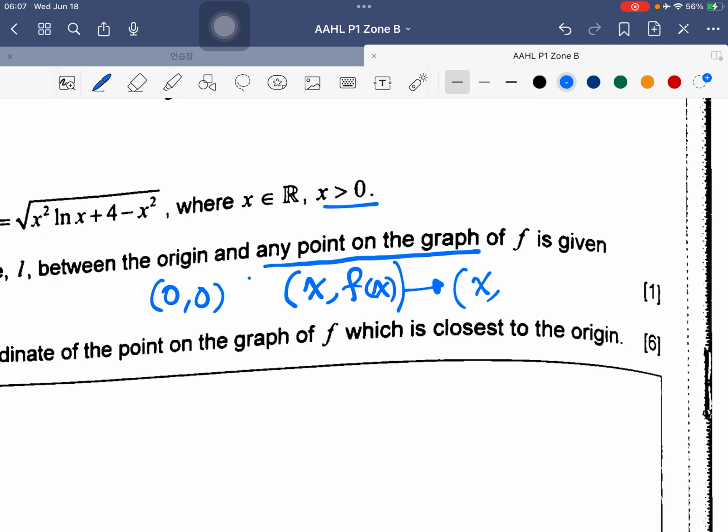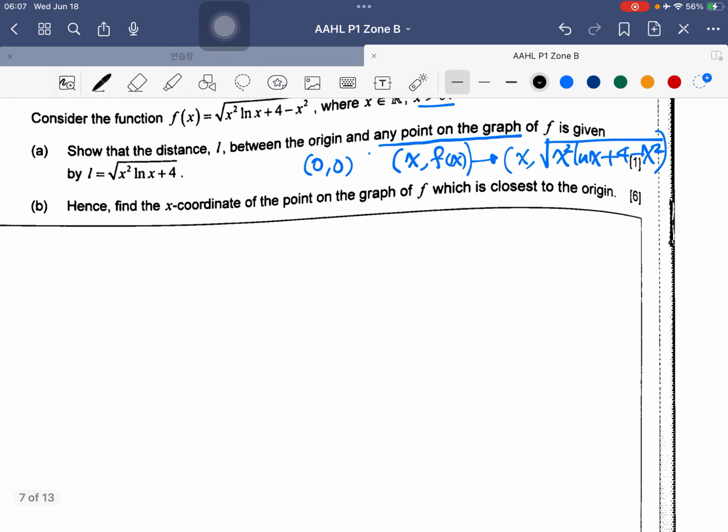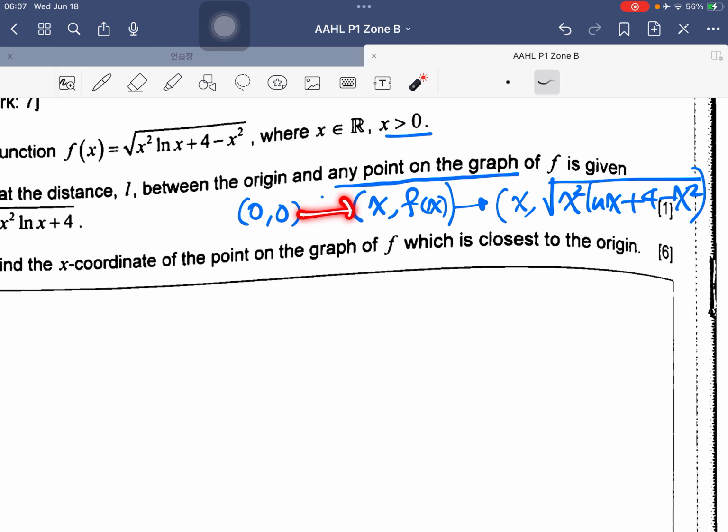It's the square root of x squared ln of x plus 4 minus x squared, everything inside the root. So, the distance between these 2 points, we can use the distance formula.